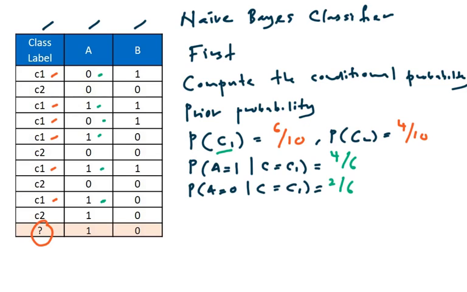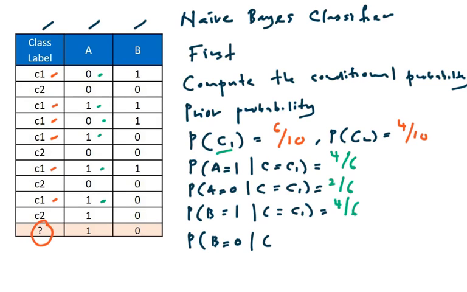So you need to find all the possible conditional probabilities. Now we find the probability of B equals 1 given C equals C1, and this will be 4 over 6. And finally the probability of B equals 0 given C equals C1, which gives the remainder, 2 over 6.